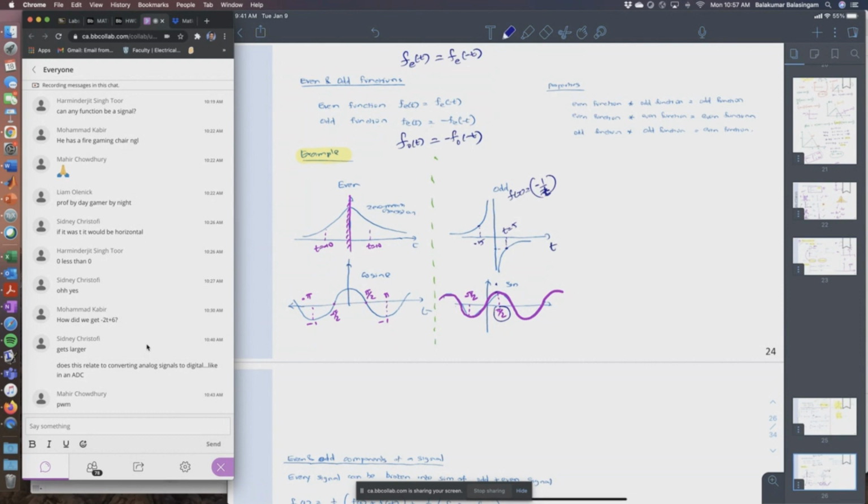If you had some value here, there is the same value with the opposite sign. These are very symmetric functions, except they are reversed in sign. So that's odd and even functions.